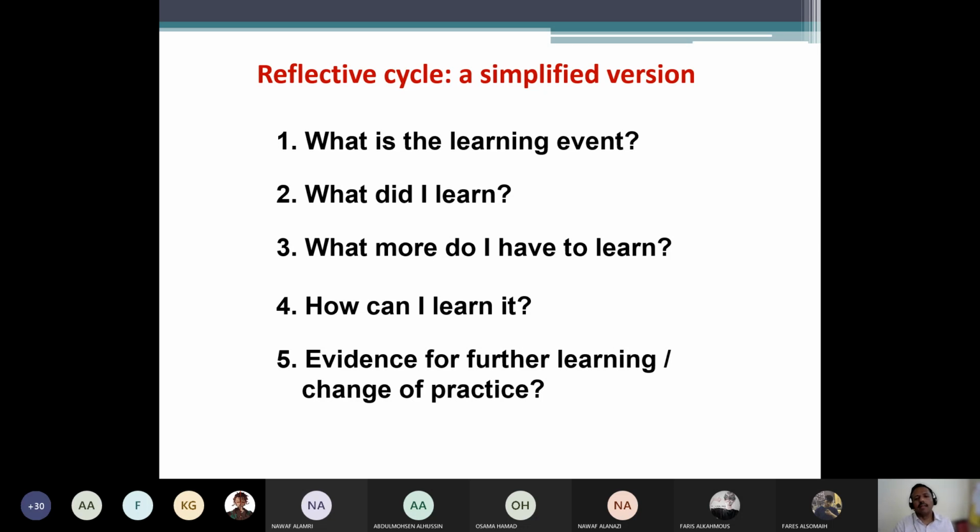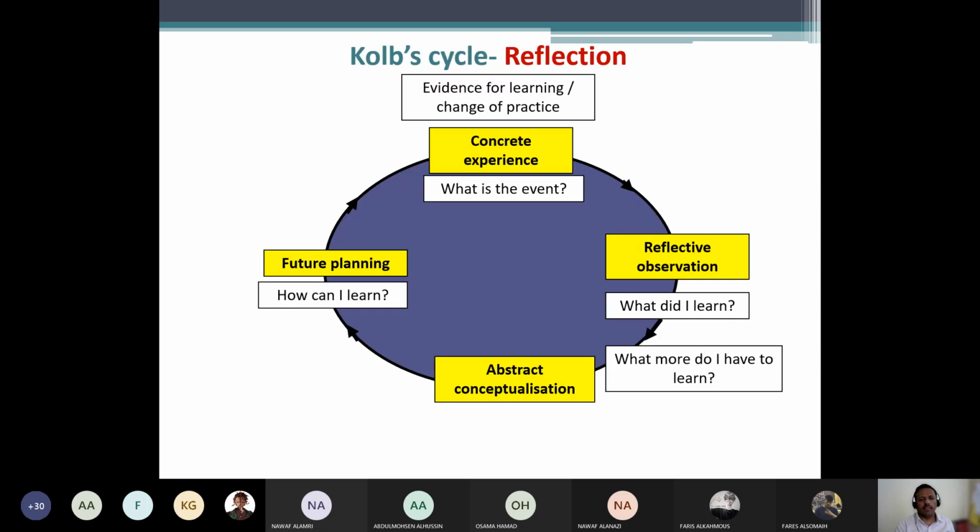These are the stages of reflective learning. This is the reflective learning cycle of the scientist Kolb, called Kolb's cycle of reflective learning. Here you may find the terminology difficult, but please concentrate on the concept. What was your event of previous experience? What did you learn from that, that you have a weakness in this area?